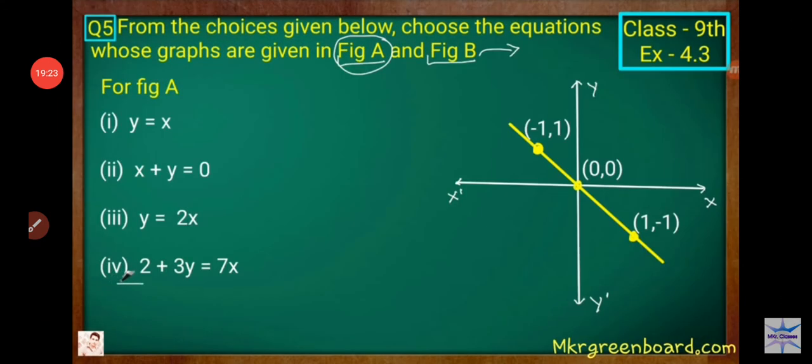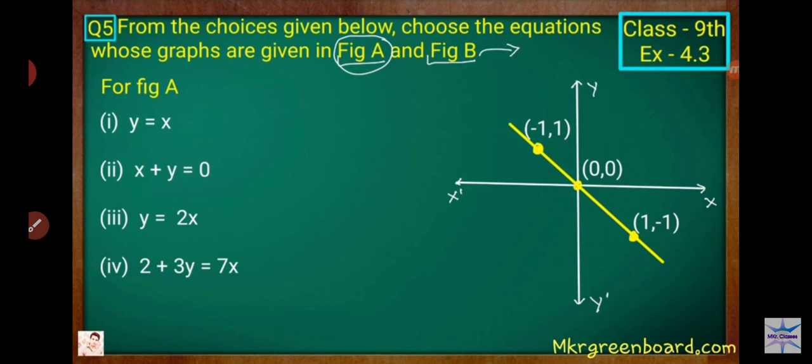Okay, so question number 5, the equation is y is equal to x. It means whatever the value of y, it is the value of x also. See, if the value of y is equal to 0, then the value of x is 0.